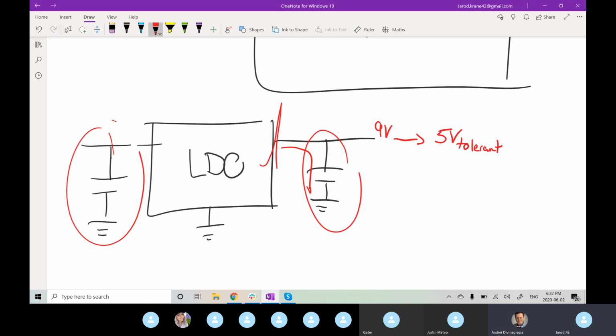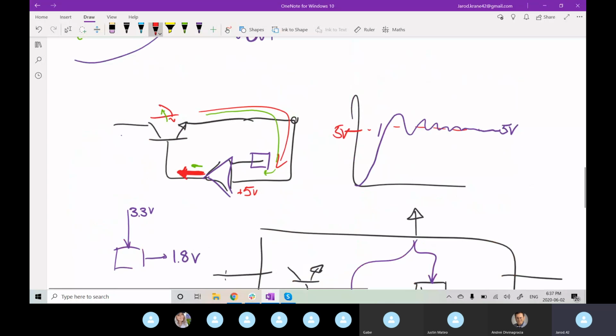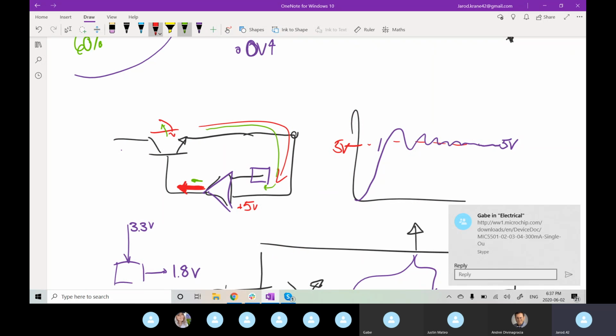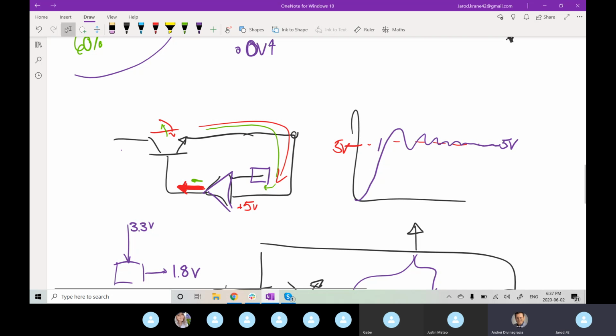I see. Would you by chance know what the waveform would look like with those capacitors there? I probably drew the one with the capacitor. What did you just send?